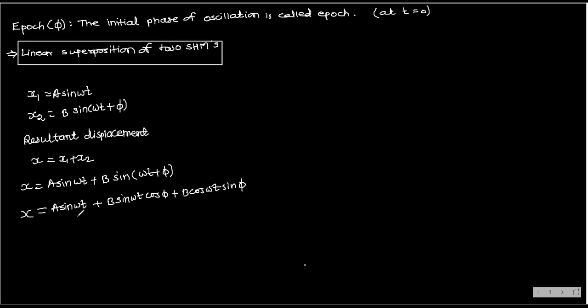Now if I take sin omega t common from these two terms, what am I getting? A plus B cos phi into sin omega t, right? Plus B sin phi cos omega t.